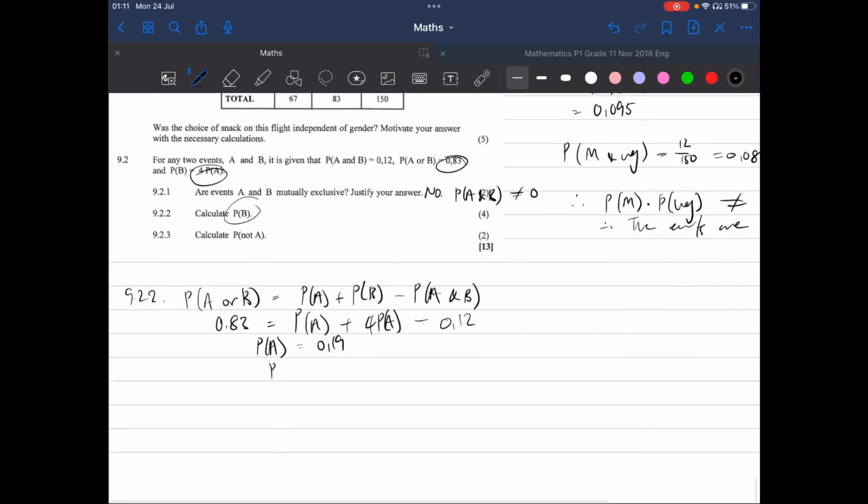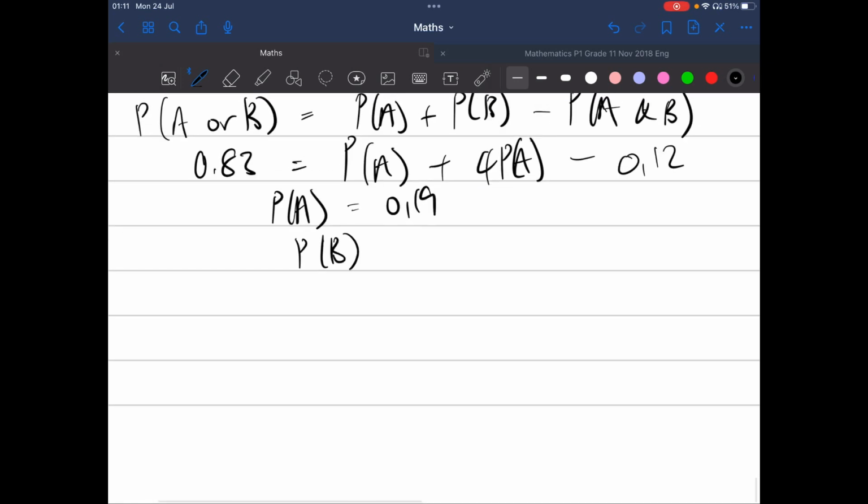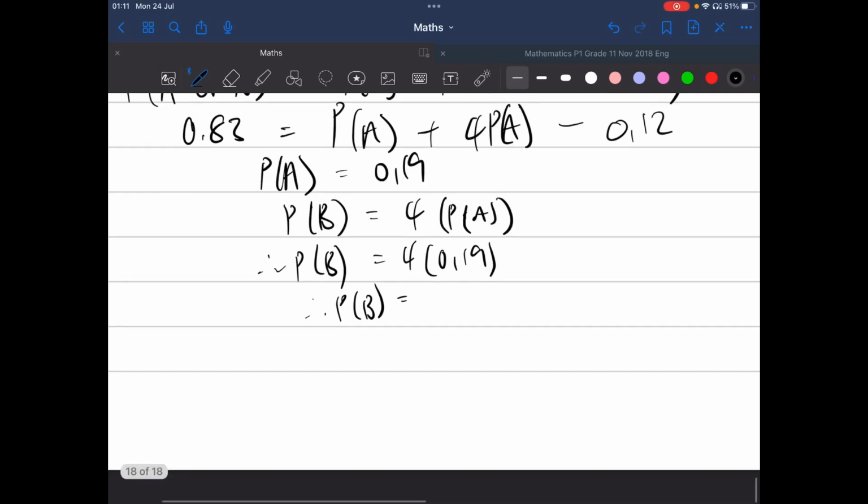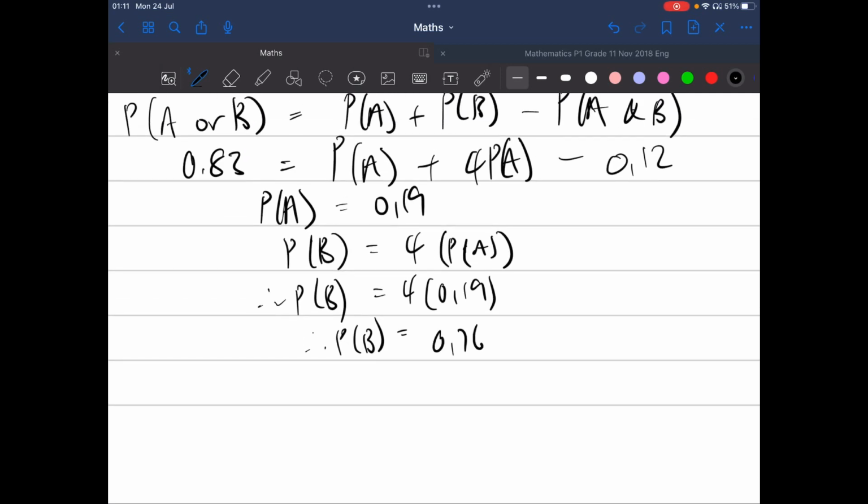We are asked to solve for P(B), but we know that P(B) is just 4 times P(A). So it's 4 times 0.19, and that's equal to 0.76.